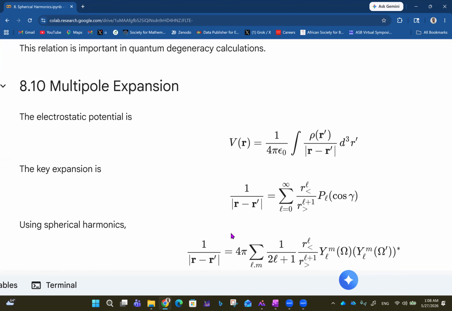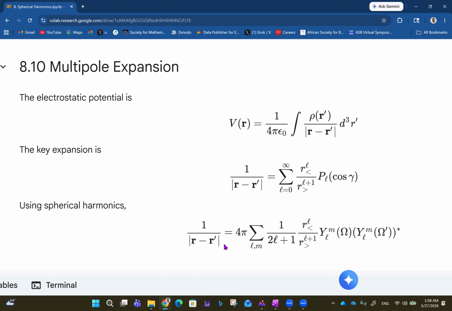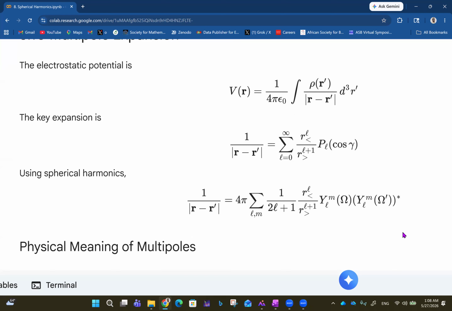Using spherical harmonics, 1 over the absolute value of r minus r prime is 4 pi summation over LM of 1 over 2L plus 1, r less than to the L over r greater than to the L plus 1, Y_LM of omega, Y_LM star of omega prime.